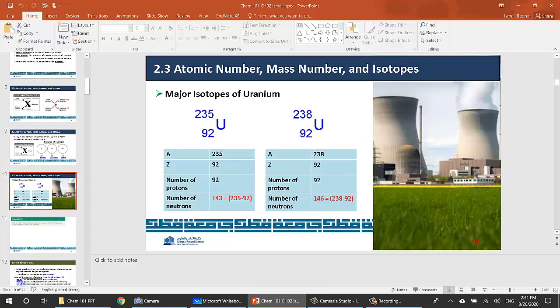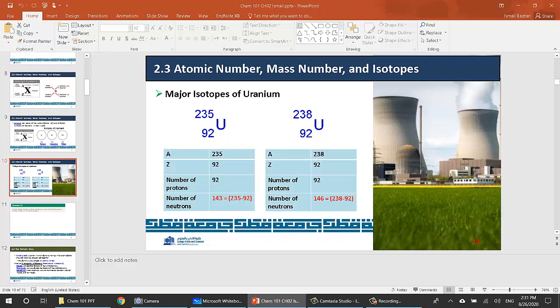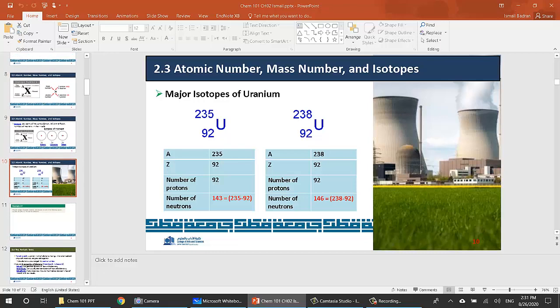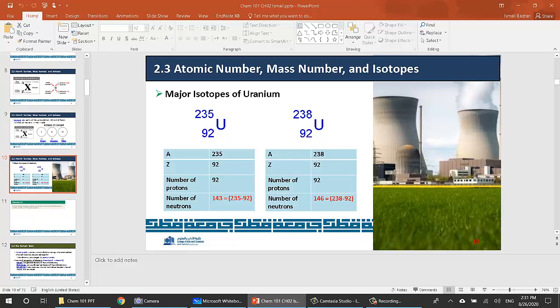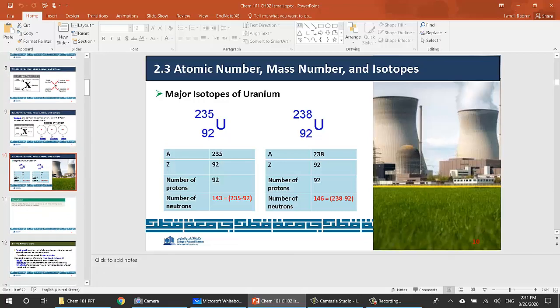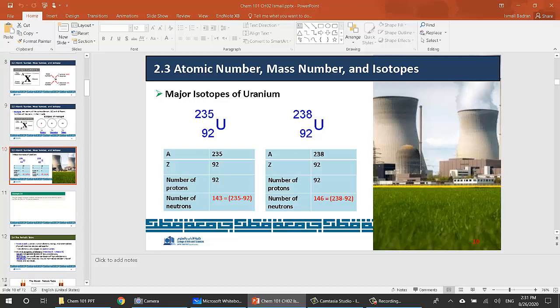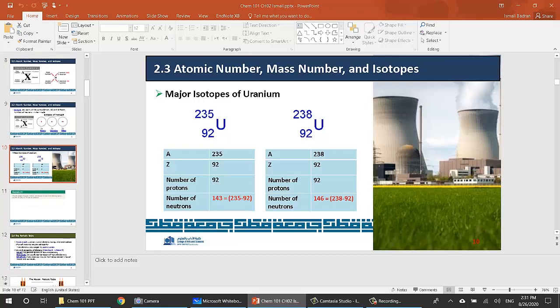One more example is uranium. Uranium is widely used in nuclear reactors, and you might have seen this common image of a nuclear reactor. Nuclear energy is used to produce electricity in many parts of the world. Uranium, the element used in these nuclear reactors, has an atomic number of 92, and it has many isotopes, but the famous two are 235 and 238.